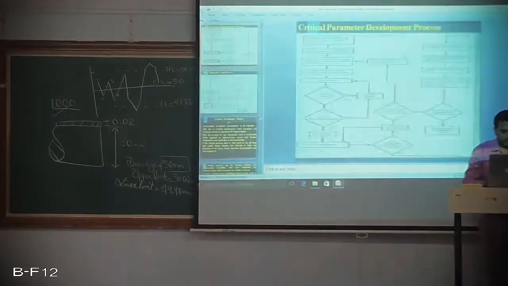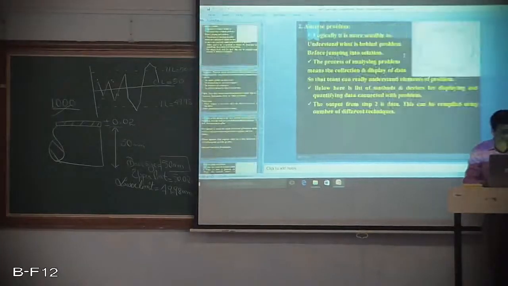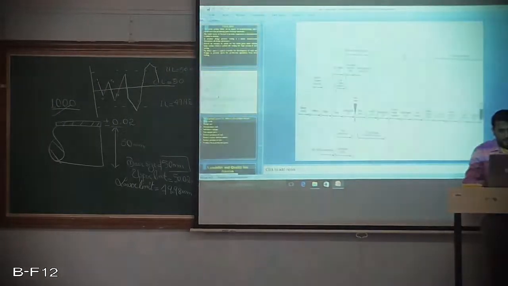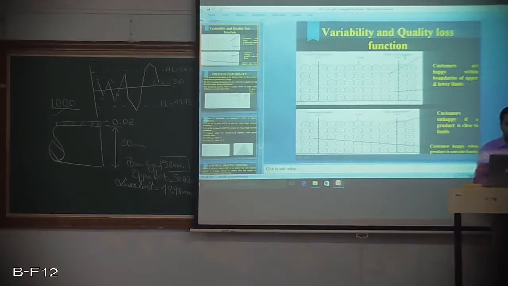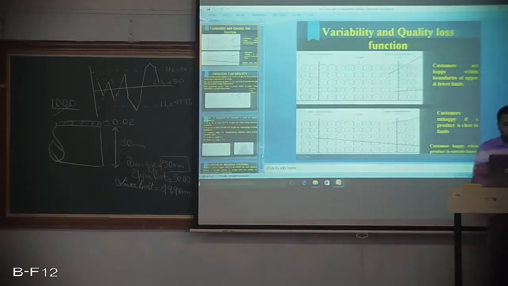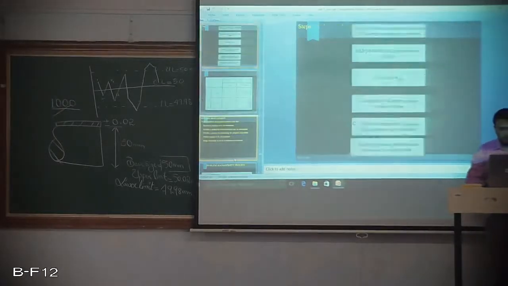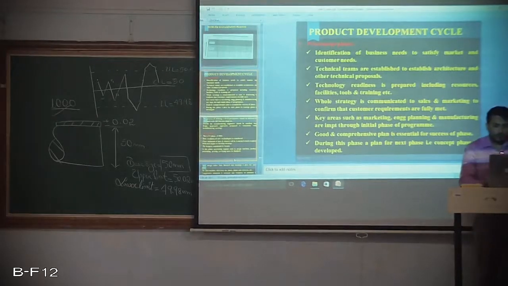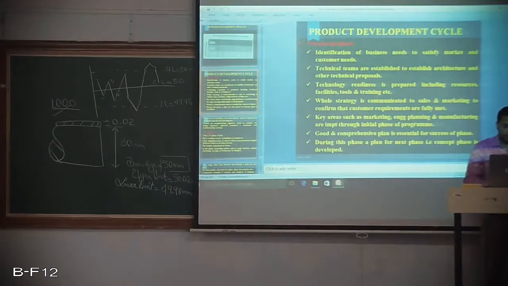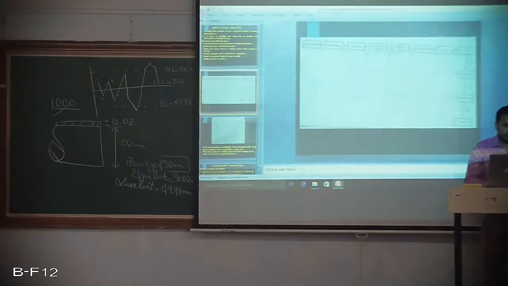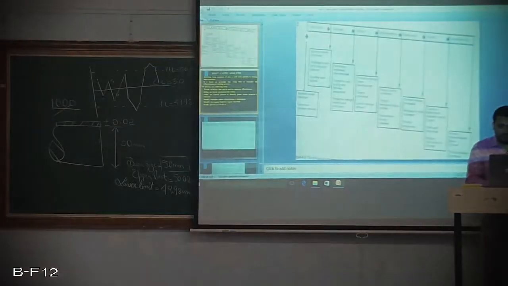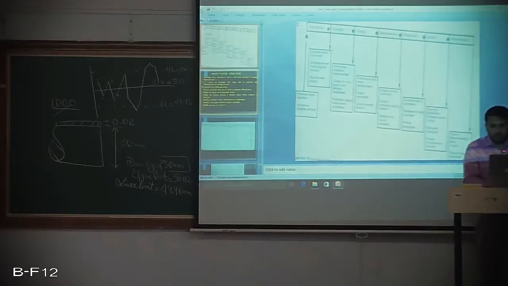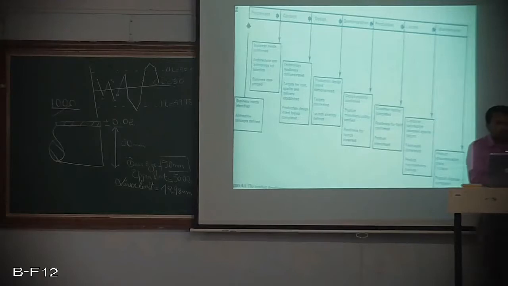So root cause analysis. So here you can see in pre-concept what we are doing is that business needs identified.